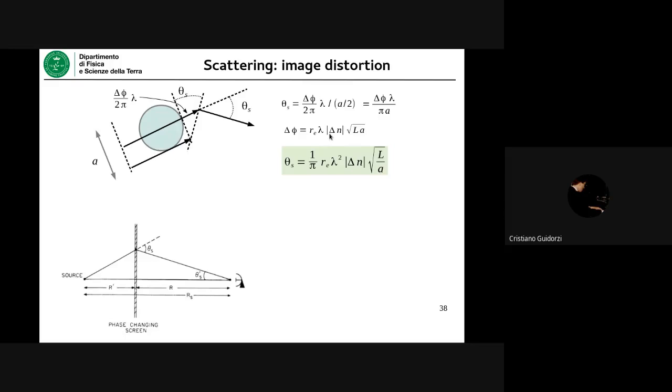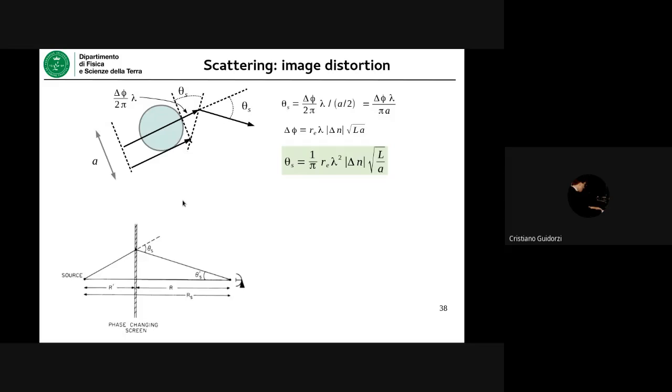It scales directly with the variability in the plasma density. In particular, notice that it is frequency dependent. If you fix the very same screen and consider waves with different wavelengths, this effect is amplified by a factor of lambda squared when you move to lower frequencies.